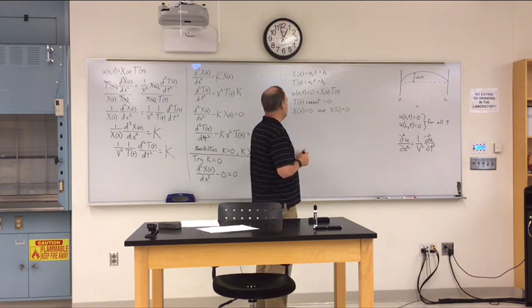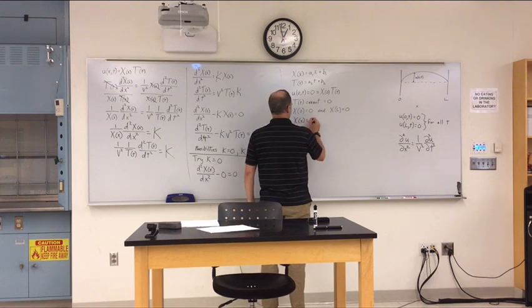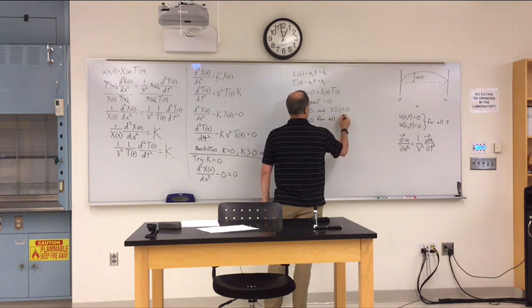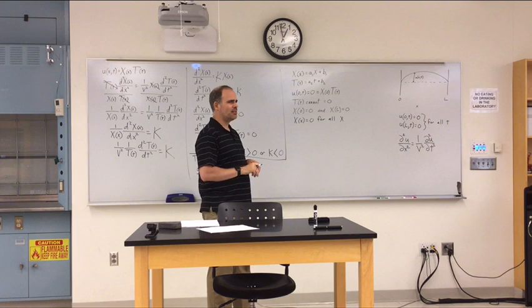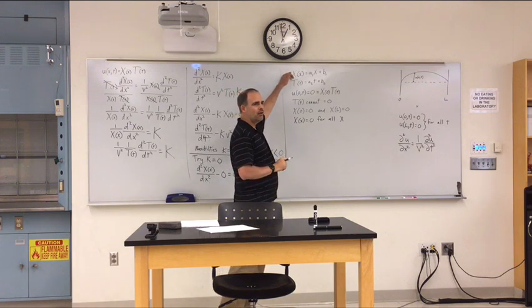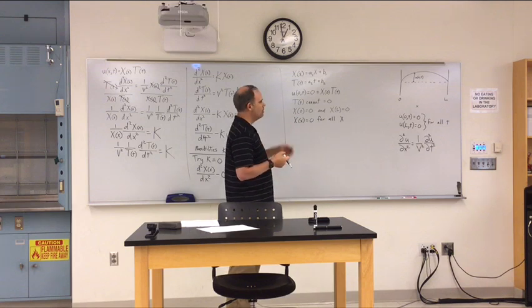So this would mean that X of x equals 0 for all x. Does that make sense to everybody? This is an equation for a line. If two points on that line are at 0, then the line has to be 0 for all values.